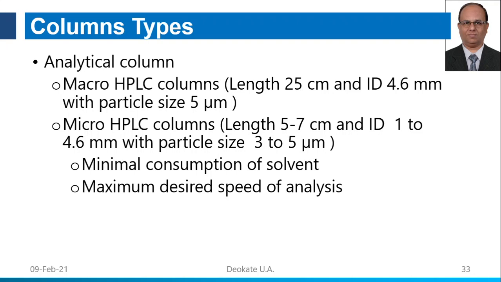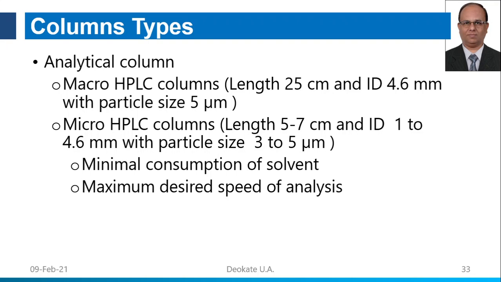Whereas in micro HPLC column, UHPLC column, we can say the length of column is only 5 to 7 centimeter and internal diameter is 1 to 4.6 mm with particle size 3 to 5 micrometer.